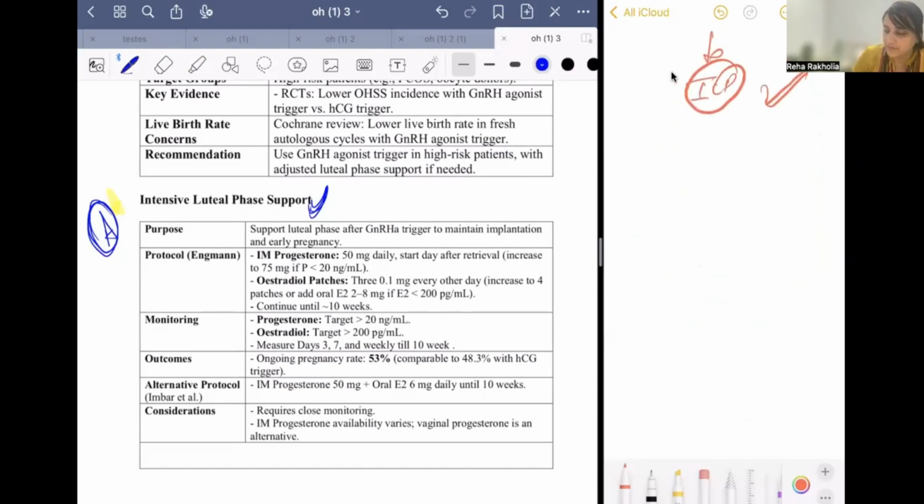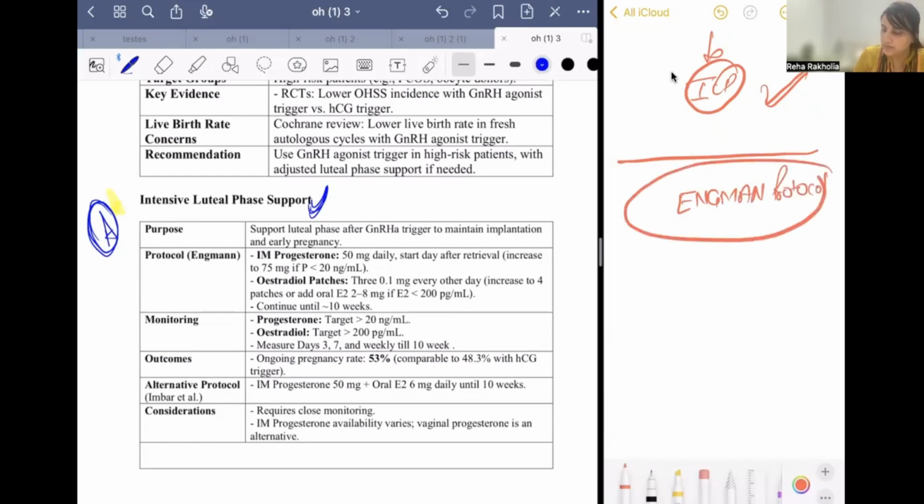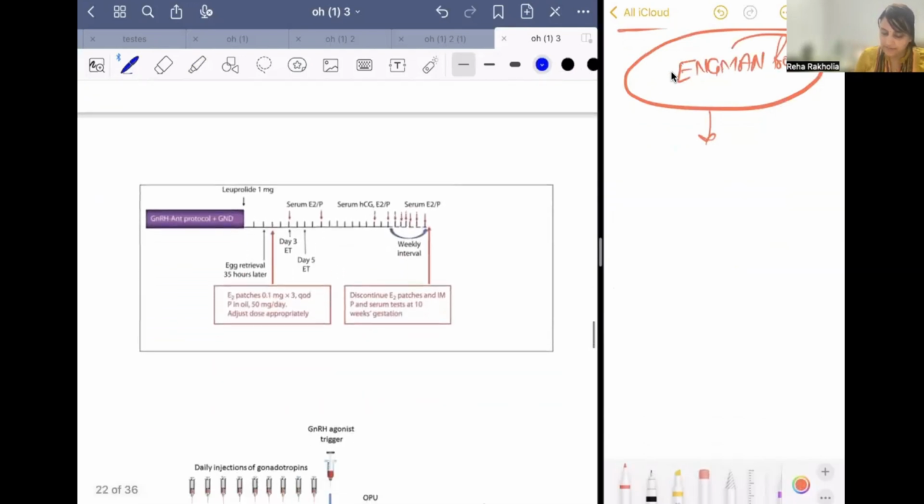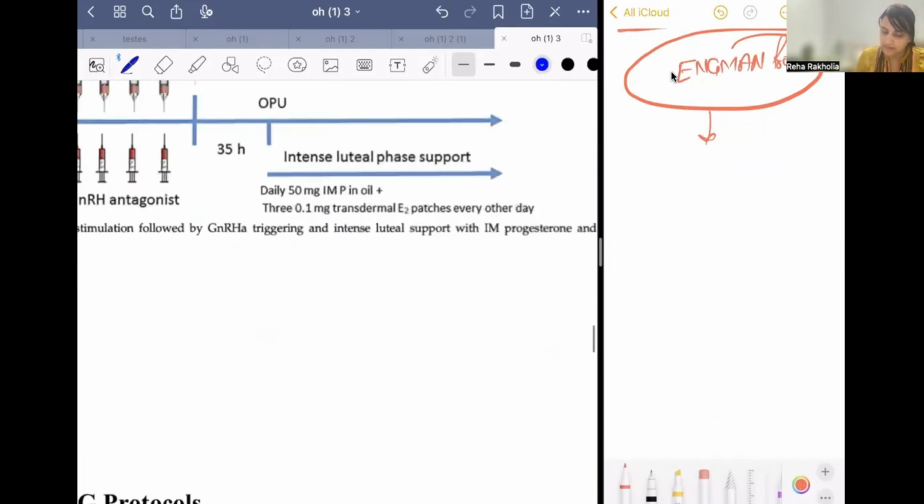So one very well-known intensive luteal phase support protocol is the Ingman protocol, which includes IM progesterone starting with 50 milligram daily. See here, we can see in the diagram. This is a good diagram.